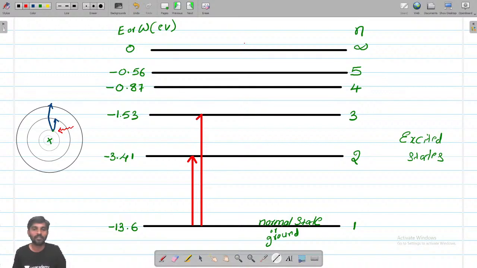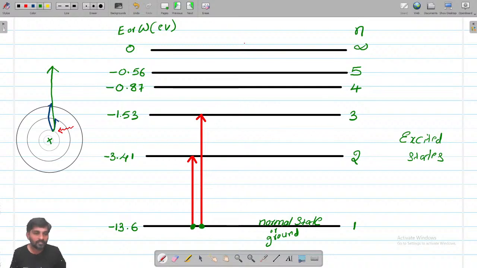When you supply some energy, the electron which is here may jump from the first state to the second state. There is a possibility that if the extra energy we are giving is large, it may go far away from the nucleus.